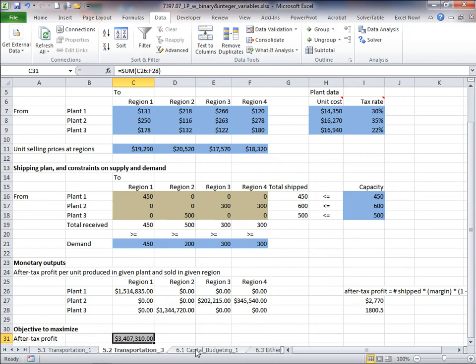What insights would you want to draw from this model? Okay, let me prompt you. Look at the decision variables in this model.